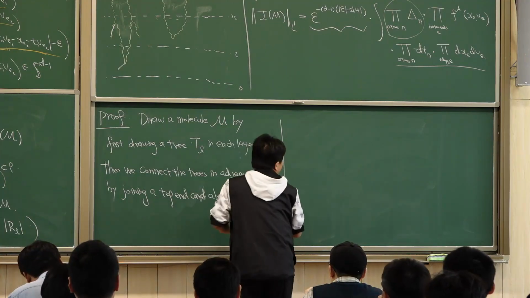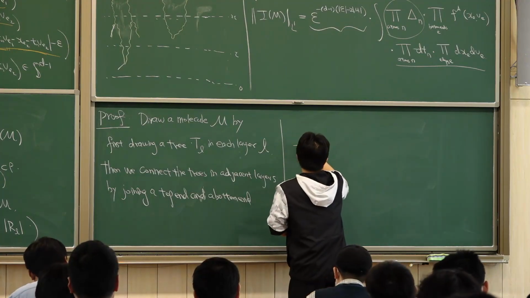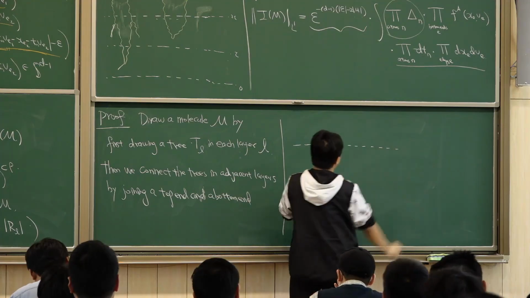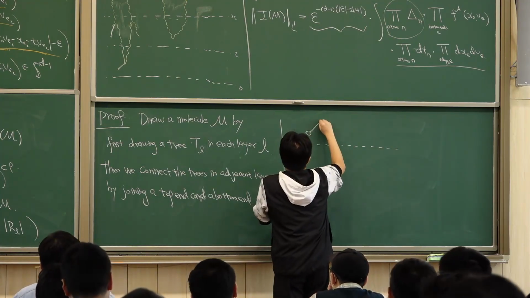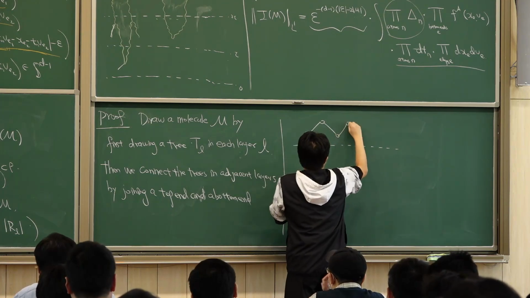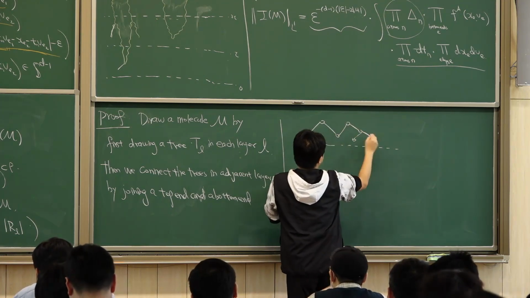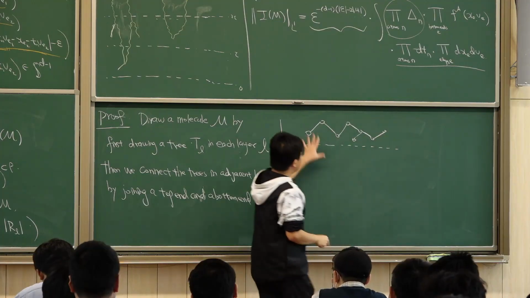Let's just think of 2 layers. The multi-layer case follows in the same way. Let's say we draw a tree like this, whatever you like. You may have branches, and draw a tree on the top layer.